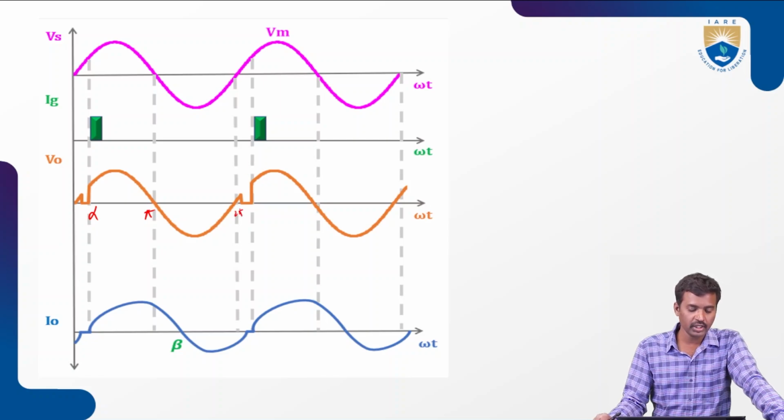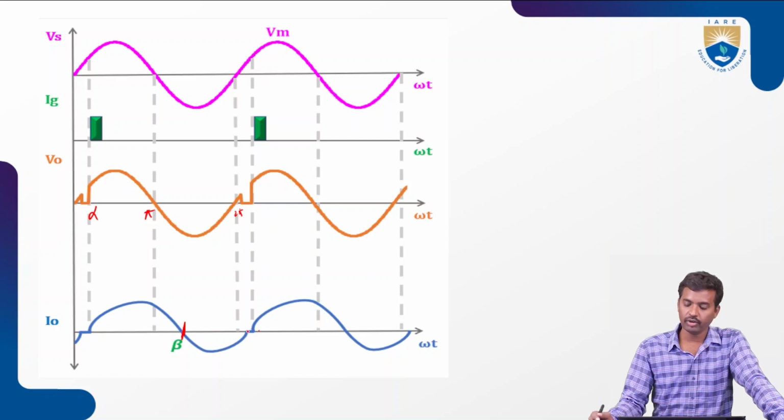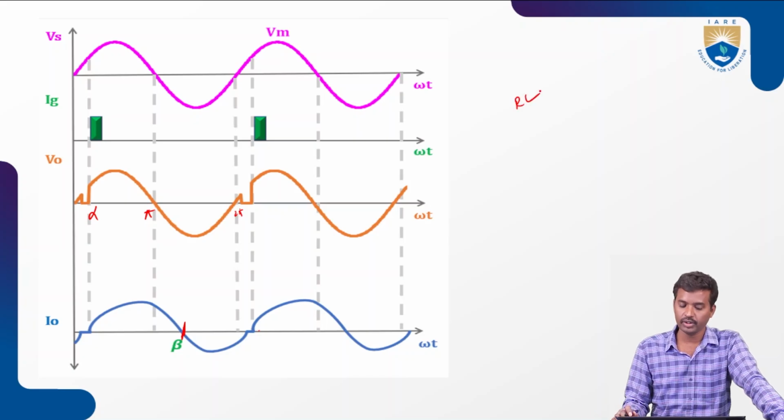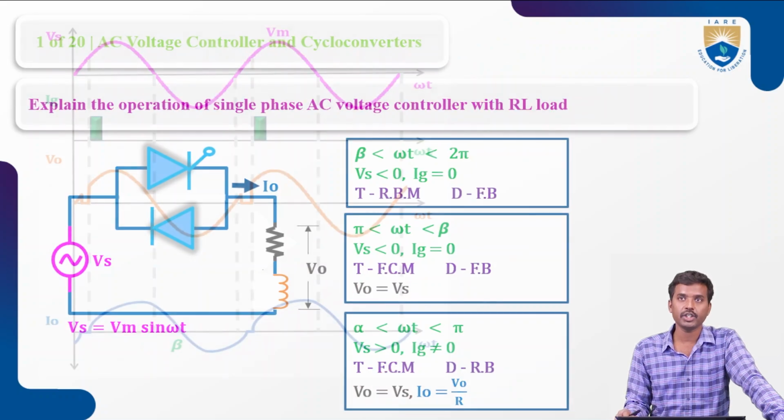This is the waveform for RL load of the half wave controller. For full wave, you can use two thyristors, that is, the single phase full wave bridge converter.